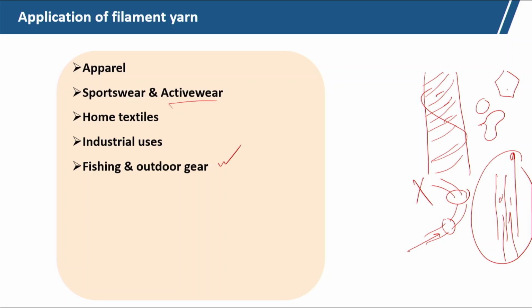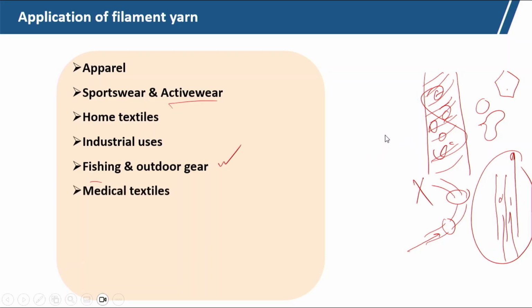When it comes into contact with water, it does not take water within its structure, but for staple yarn the water penetrates inside the pores. That makes the yarn much heavier after absorption.